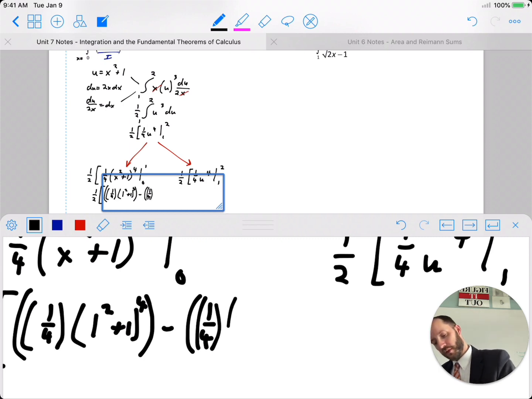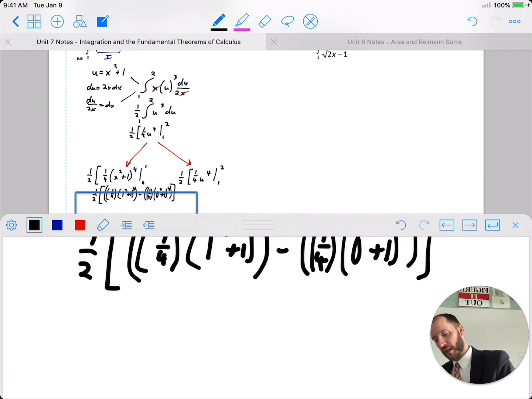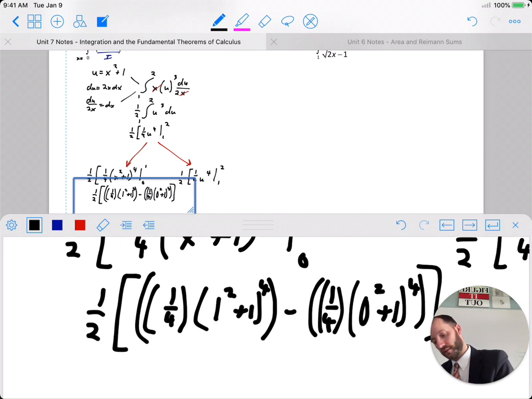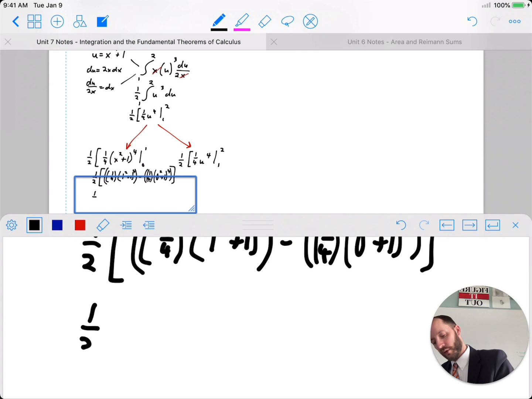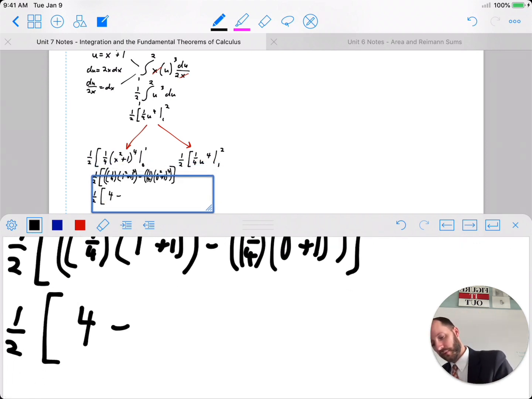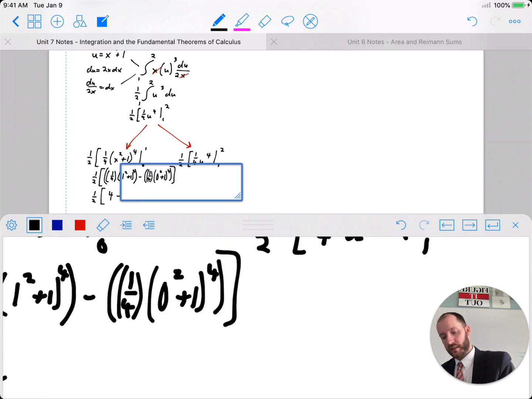So 1/4, 0 squared plus 1 to the 4th. Close that off. And then you do some arithmetic, evaluate that. So 1/2, let's see here. 1 squared plus 1 is 2. 2 to the 4th is 2, 4, 8, 16. A fourth of 16 is 4. And over here, 0 squared plus 1 is 1. 1 to the 4th is 1, so 1/4.